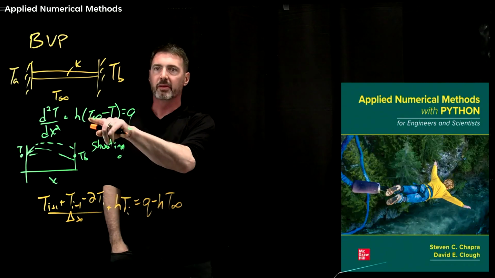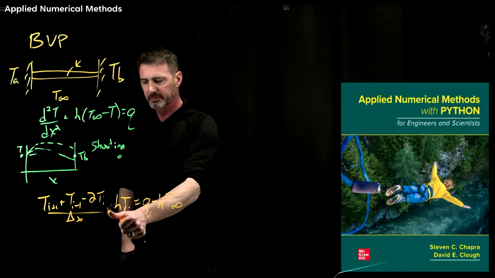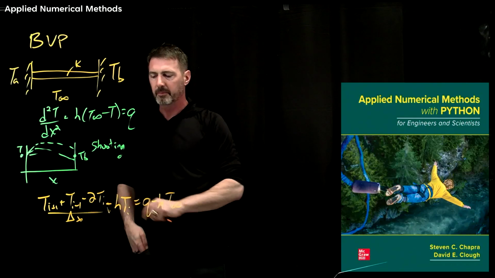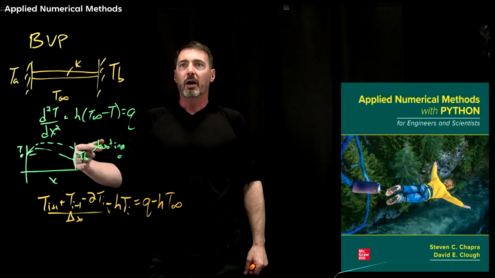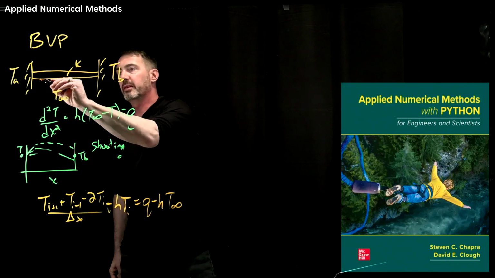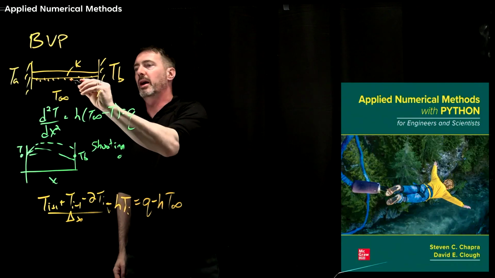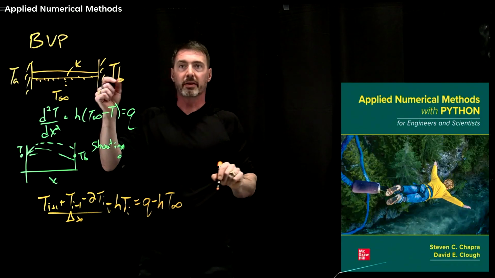Kind of putting the T infinity on the other side here, and that's a minus. Okay. And so the subscript i effectively means dividing this up into a whole bunch of different slices, with i being a generic location in there.